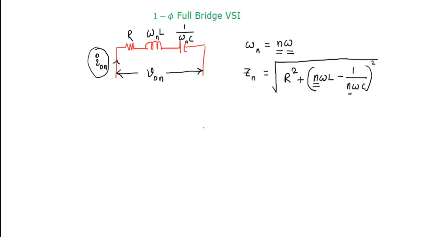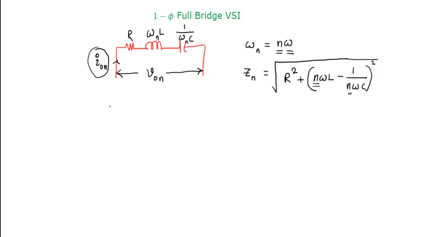So likewise, if you want to calculate the RMS value of the load current, we can only calculate in an approximate way. What is that? We need to get the different components.